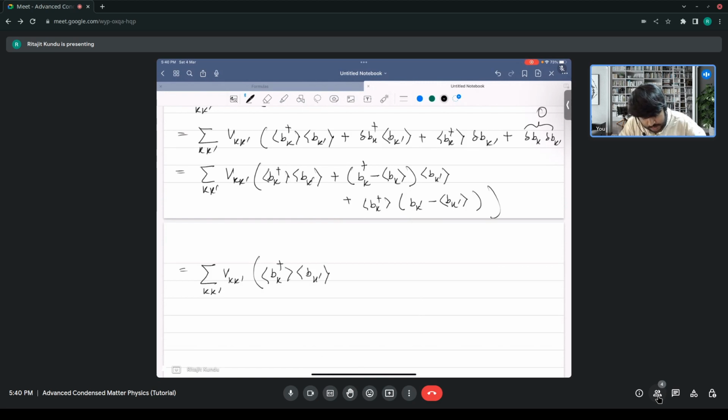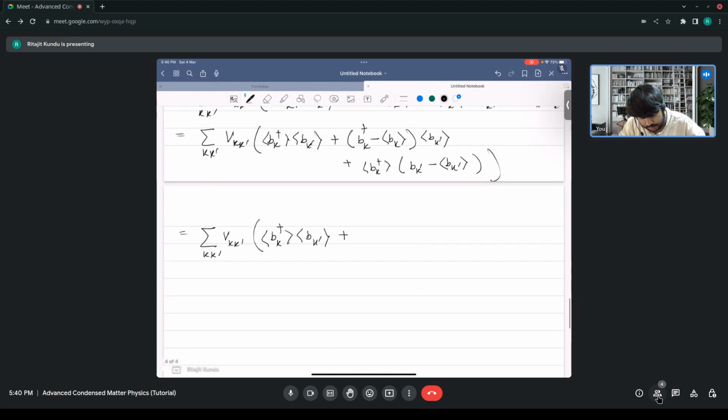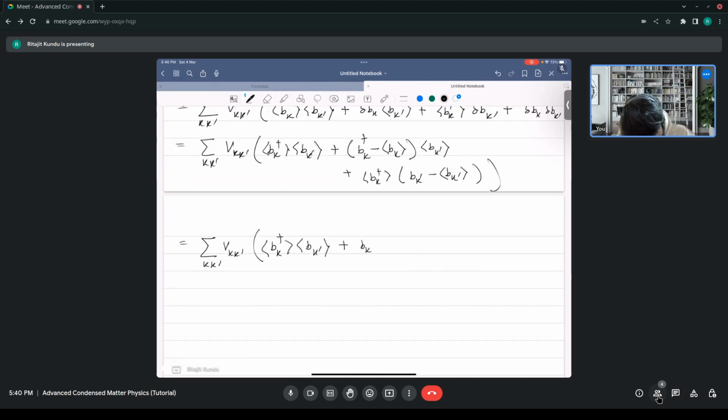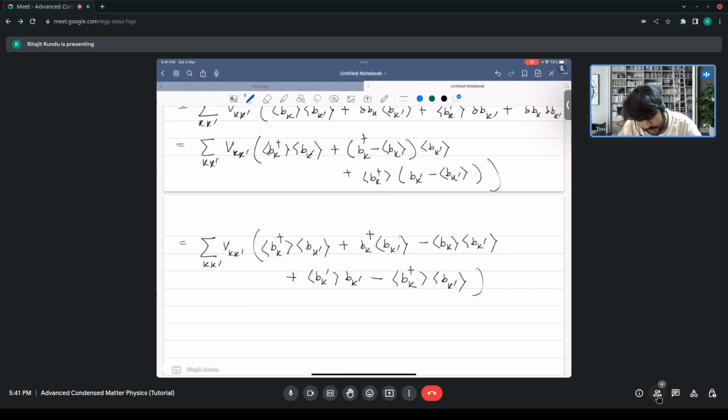If you expand all of these terms, you will see that it will become simpler. Some of the things will vanish. Now you see that this term will actually cancel with this term, and the rest of the terms will be there.